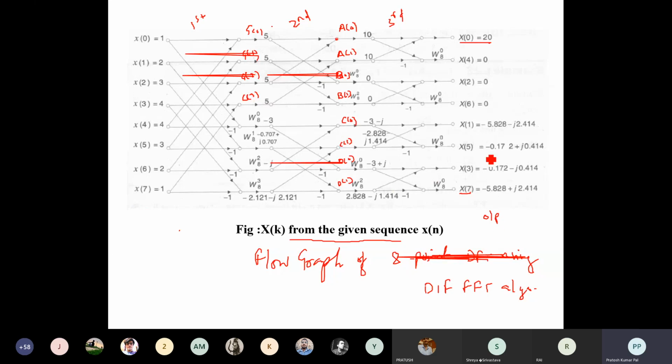So at this output side, the bit reversal will take place. So X0, X4, X2, X6, X1, X5, and X3 values will be there. But on the input side, there will not be any bit reversal. Okay, so no bit reversal will be there here.